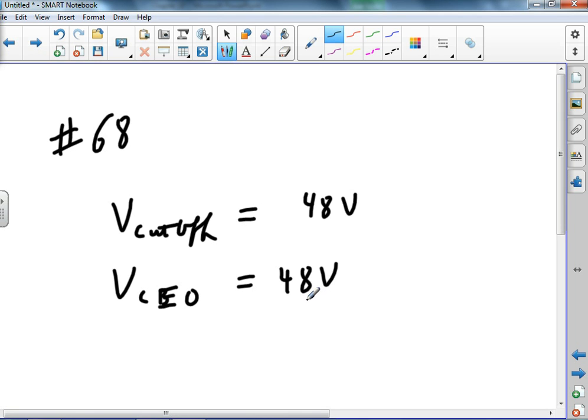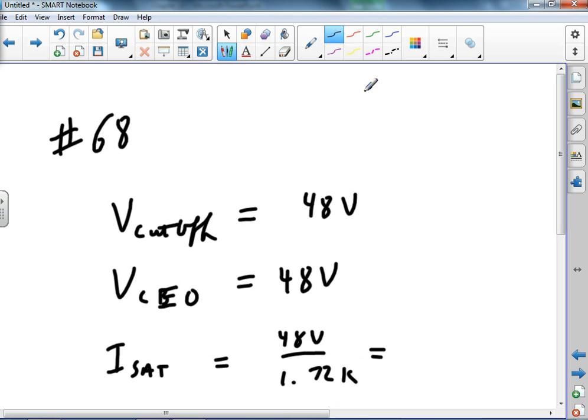Okay, and then we're going to consider the saturation current. 48 volts divided by 1.72K. I'm adding 1.1K to 620.